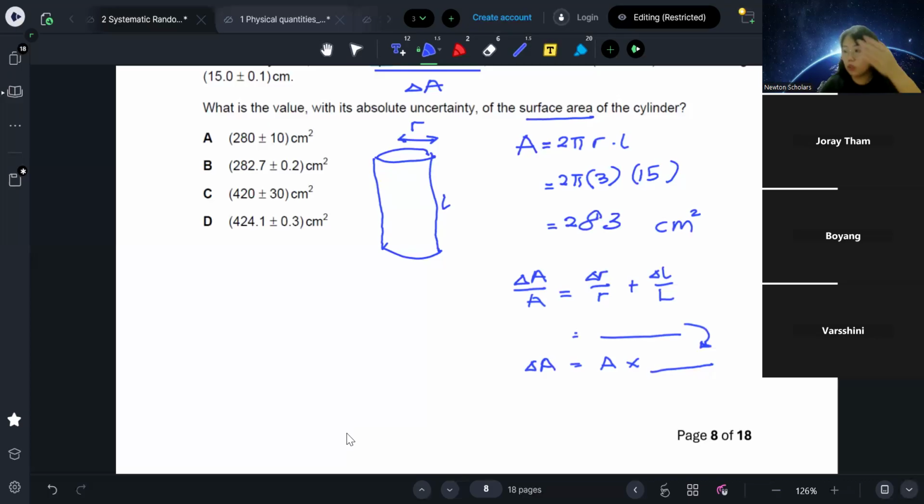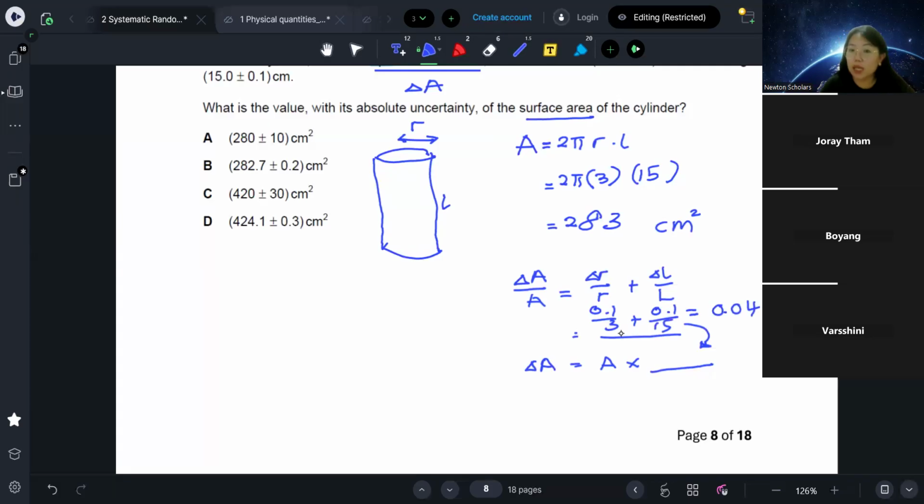Then we calculate this one: 0.1 divided by 3 plus 0.1 divided by 5. Is it 1.5 or 15? 15. So at the end, my answer here is 0.04.